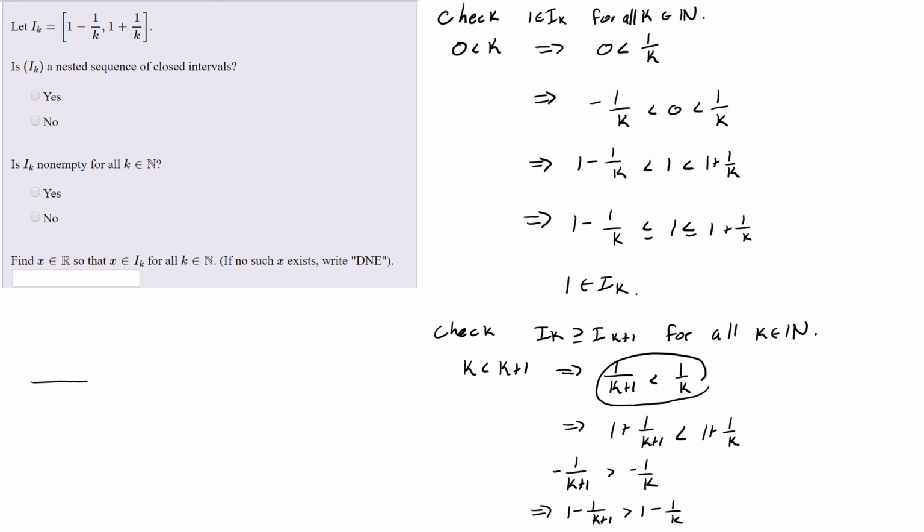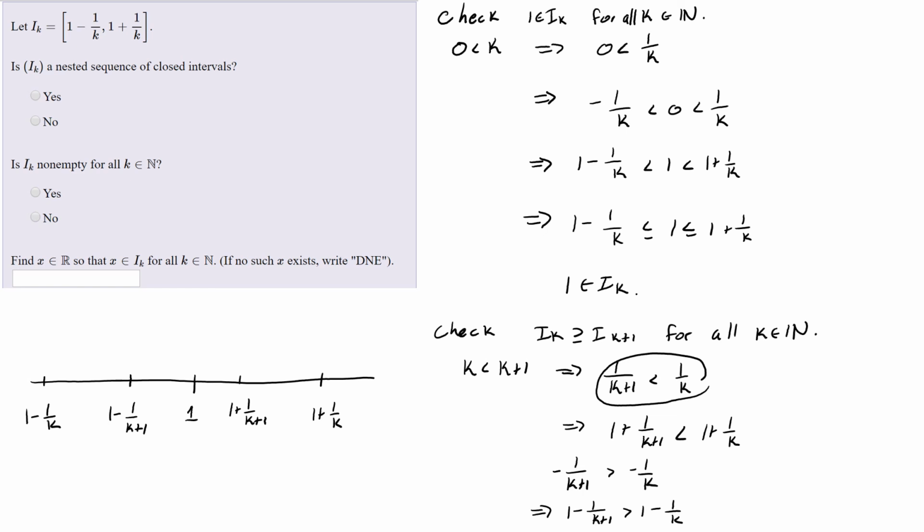And we can put all this information together. So we see that if we have 1 here, we know that 1 plus 1 over k plus 1 is bigger. And then comes 1 plus 1 over k. And then on the other side, we have this 1 minus 1 over k plus 1. And we have our 1 minus 1 over k.